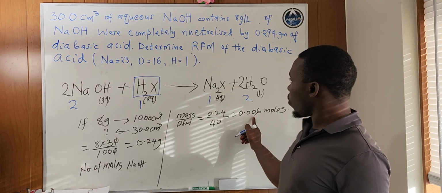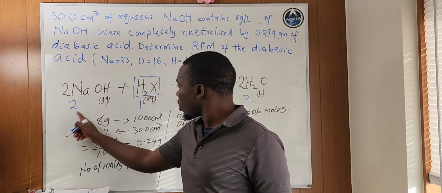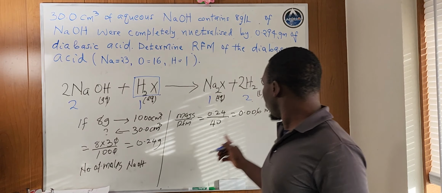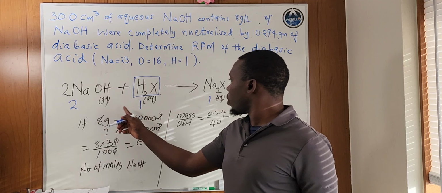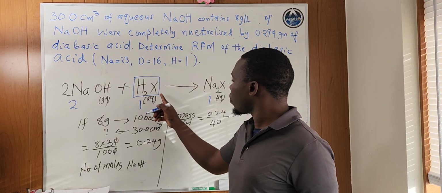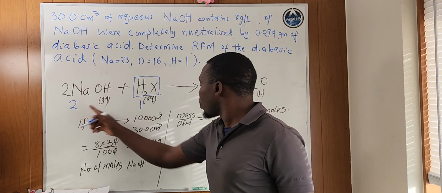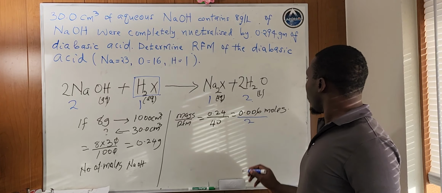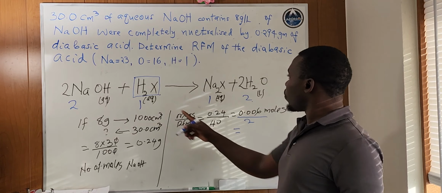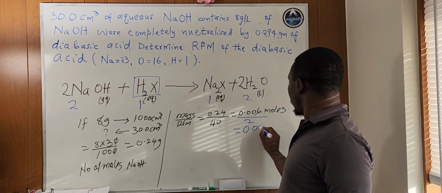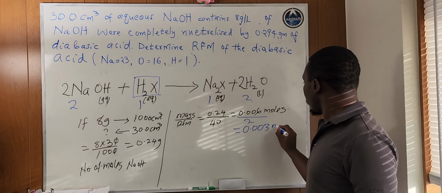This is the number of moles of sodium hydroxide that reacted. Using the mole ratio, to get the moles of the dibasic acid, we divide by 2, which gives us 0.003 moles.